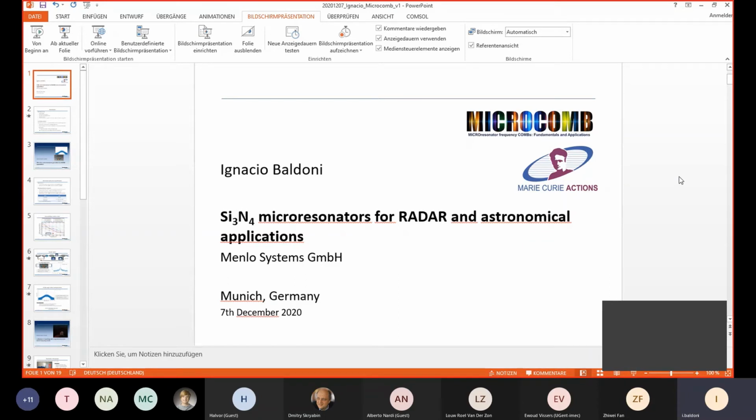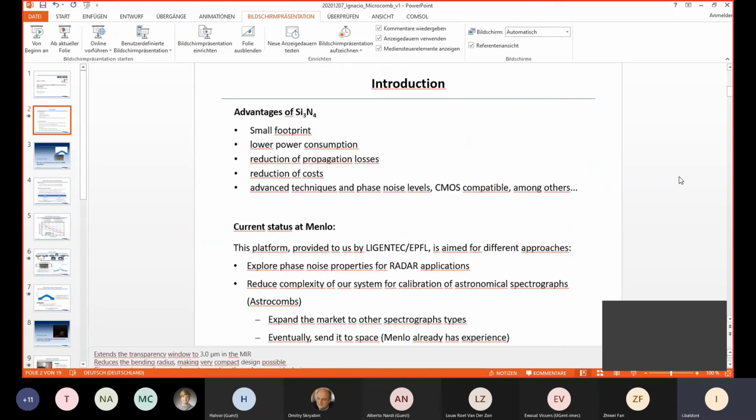So, as you may know, the advantages that silicon nitride provides in matters of photonic integrated circuits are several. Here I listed a couple, which are a small footprint, lower power consumption, reduction in the usual propagation losses, even a reduction in cost, among several others.